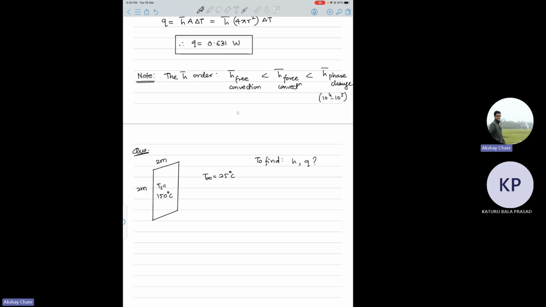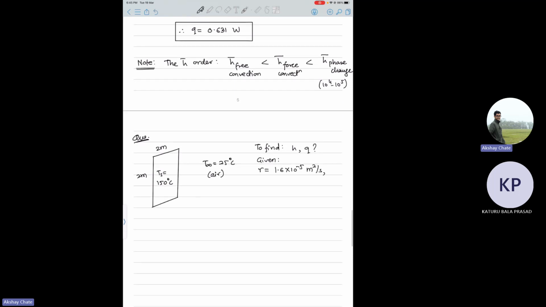So typically those are the things that are asked, and other properties are given, which are the kinematic viscosity of the fluid. It's basically air. It is 1.6 into 10 to the power minus 5. Density is given as 0.972 kg per meter cube.